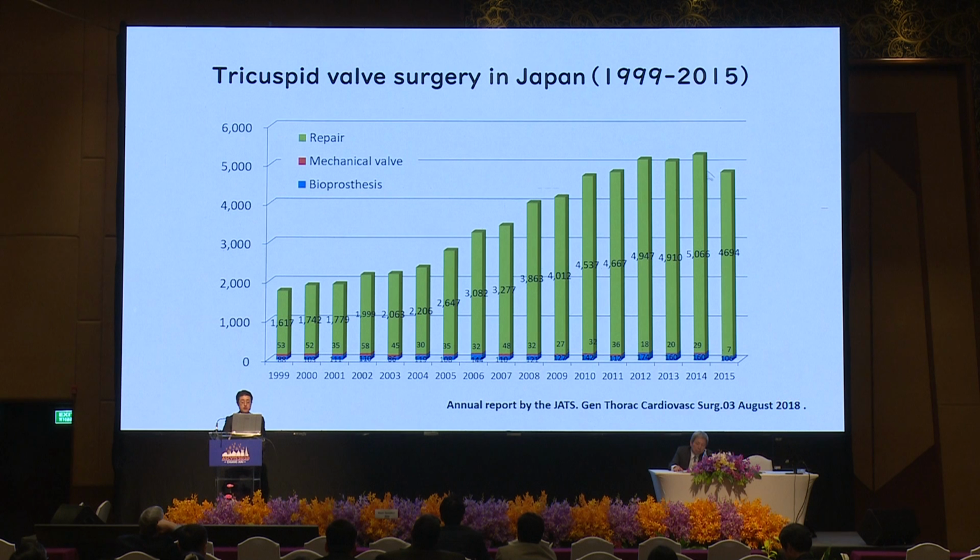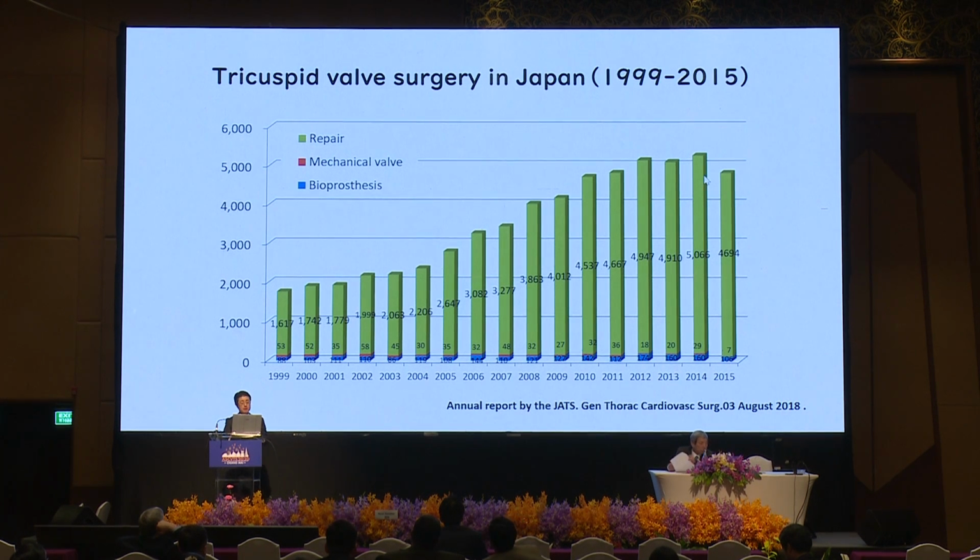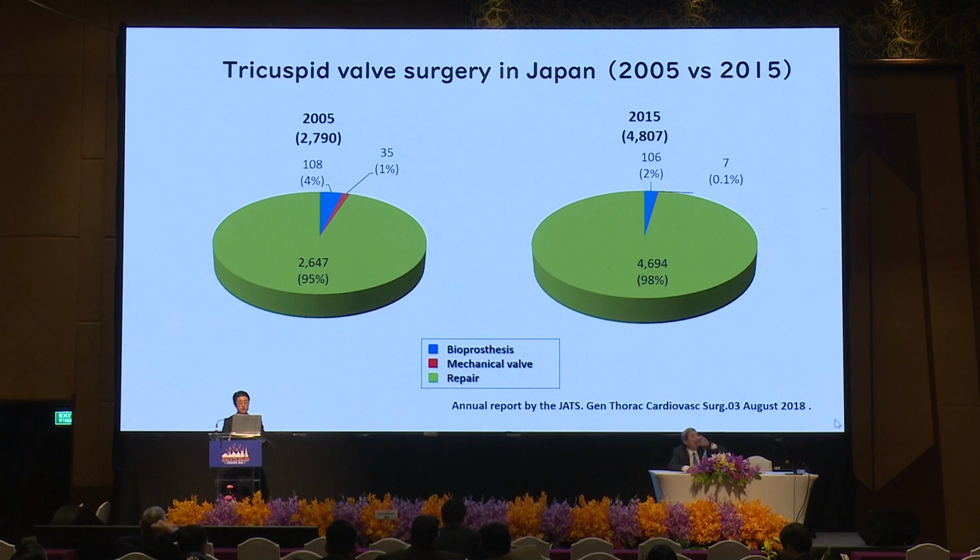Mitral valve surgery in my country is about 10,000, which means tricuspid valve surgery is half the number of mitral valve surgery. If you compare 2005 and 2015, the number became almost double.